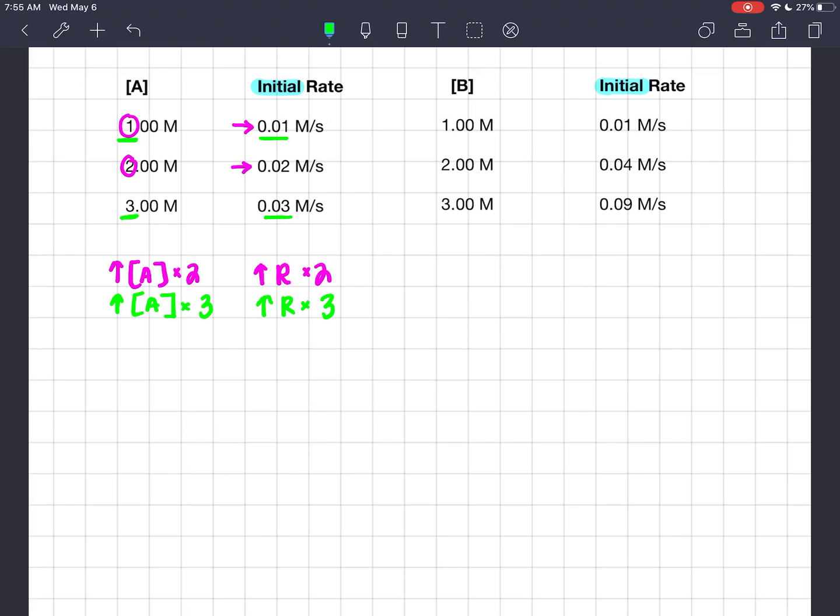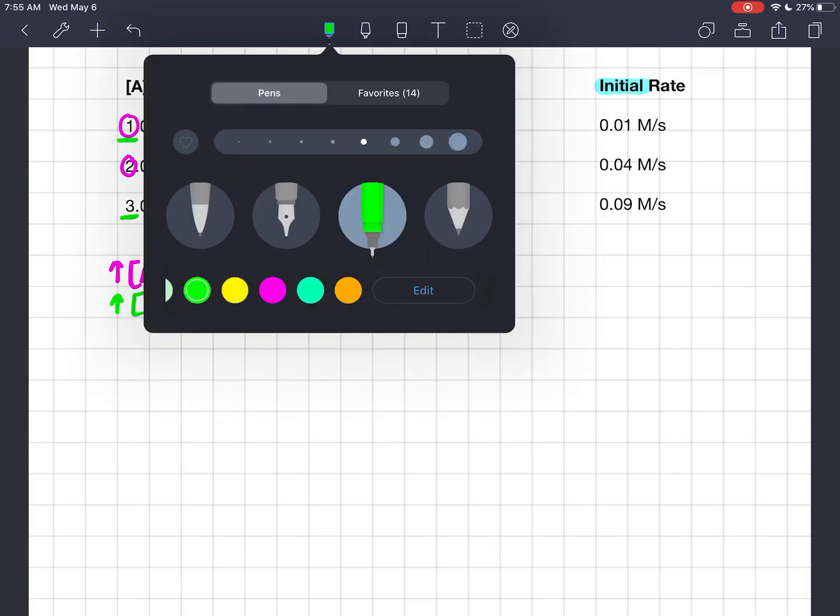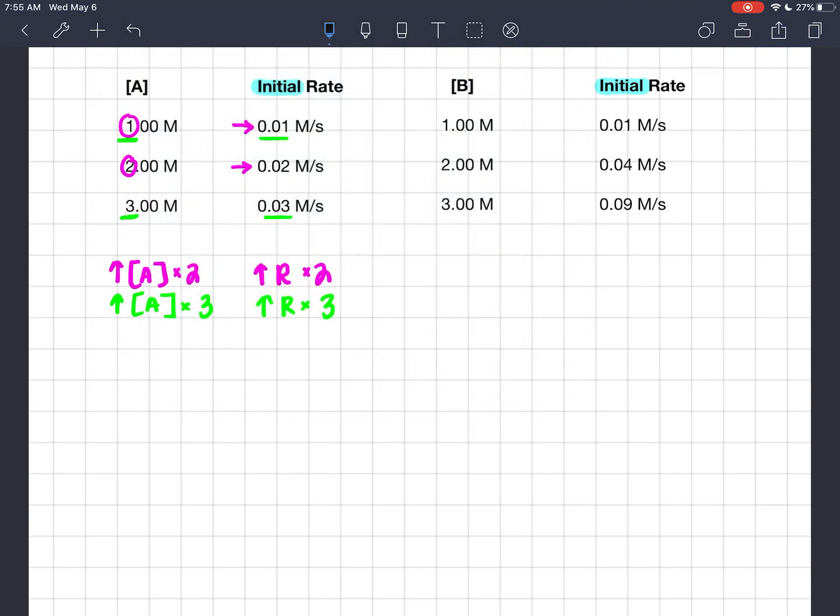So if we wanted to describe how the rate is being affected, we'd have to look at what's happening exponentially to these changes. What I mean by that is A is being changed by a factor of 2 raised to some power x. And we need to figure out what power x it is by looking at what is the power that the rate is being changed by.